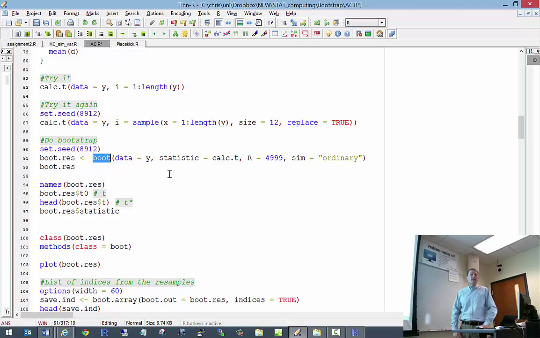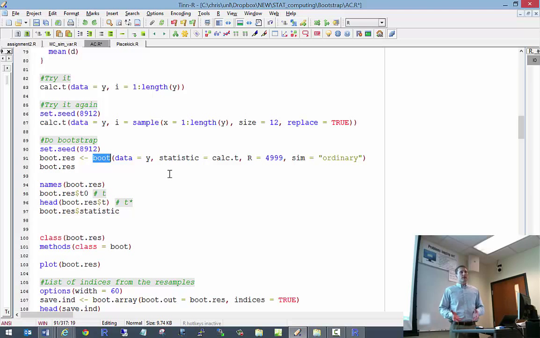We're going to use 4,999 resamples, so that's the R argument. Sim stands for how you are doing your Monte Carlo simulation. Remember, with the bootstrap, you're basically doing Monte Carlo simulation. And the argument value of ordinary means you're going to use a regular old non-parametric bootstrap.